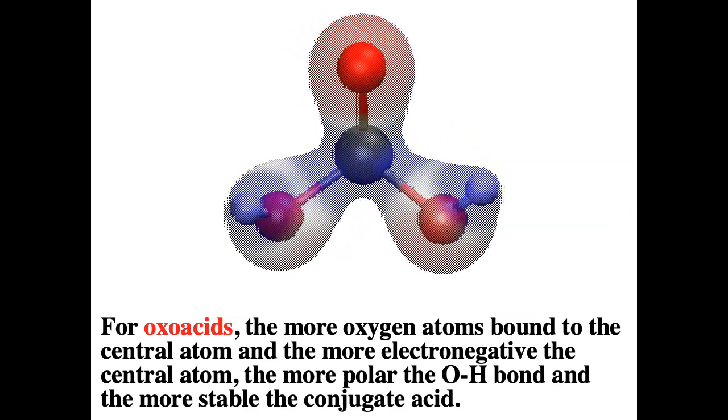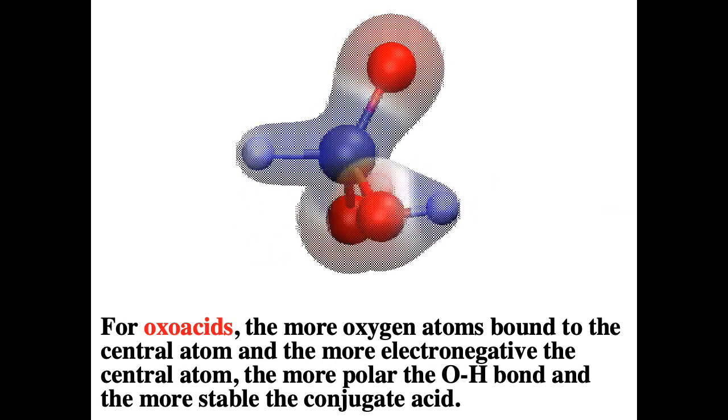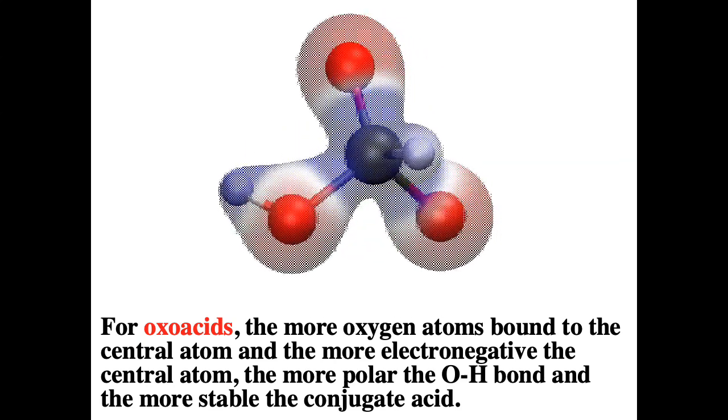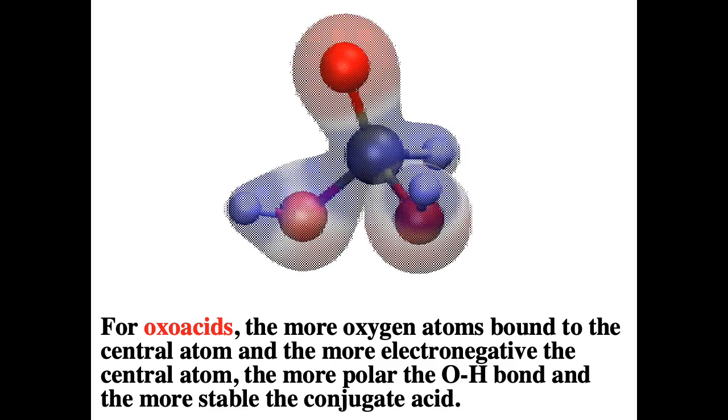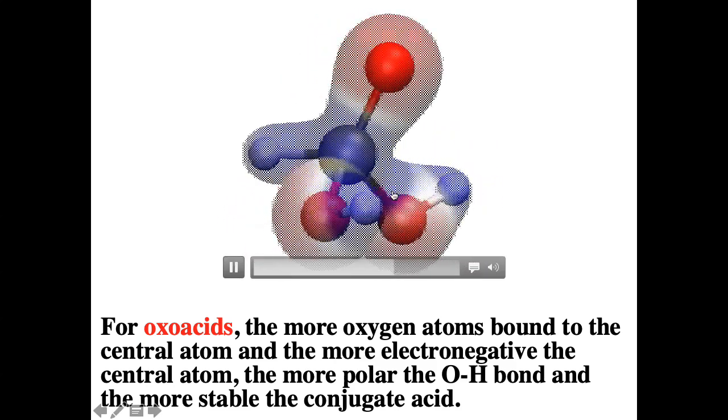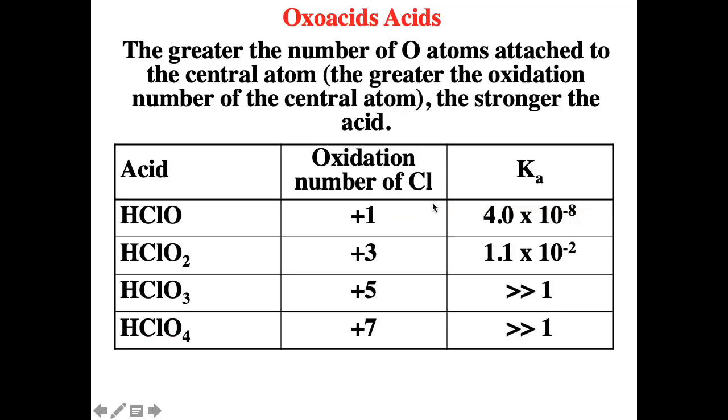We can adapt that to the oxoacids. And so the more oxygen, actually, the weaker the bond. And the way that we can think about it is the more oxygen bound to that center atom, the more positive the oxidation state for that center atom. Remember, oxidation state and oxidation number are synonyms. I use them interchangeably. And oxidation number is the charge the atom would have if the bonds were purely ionic.